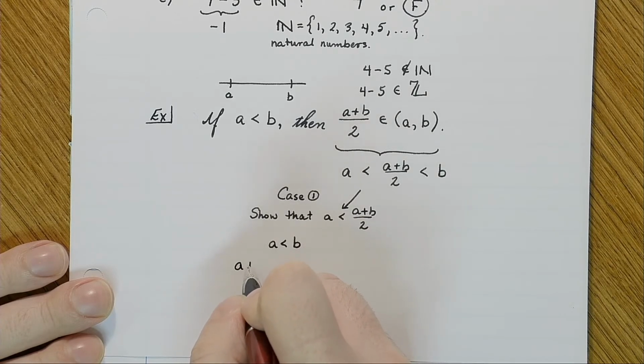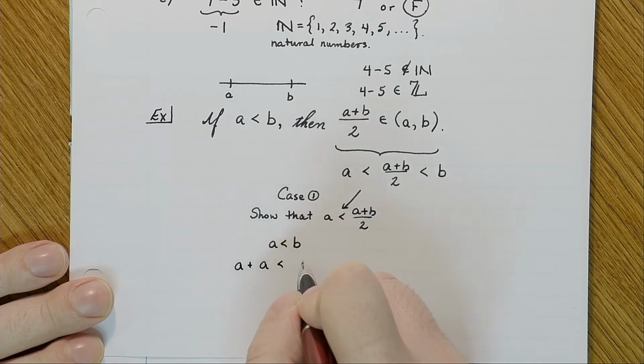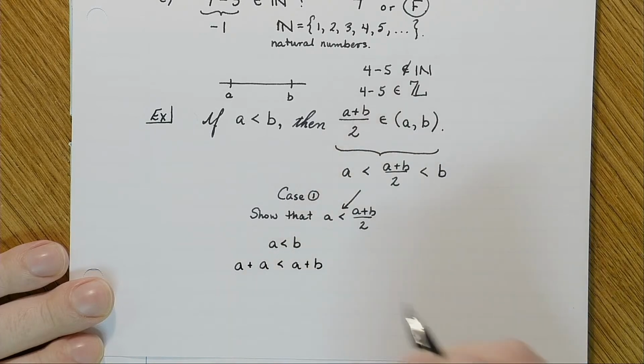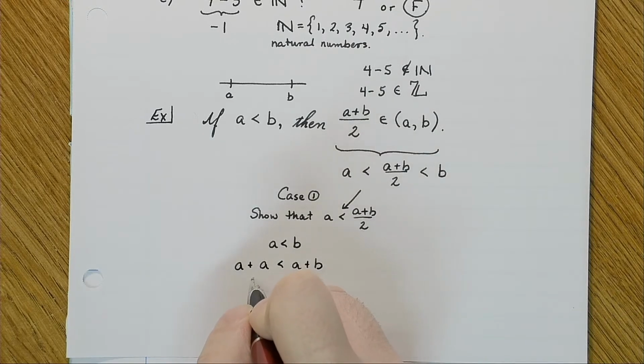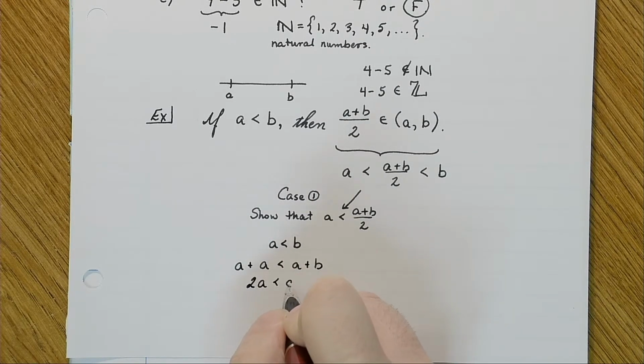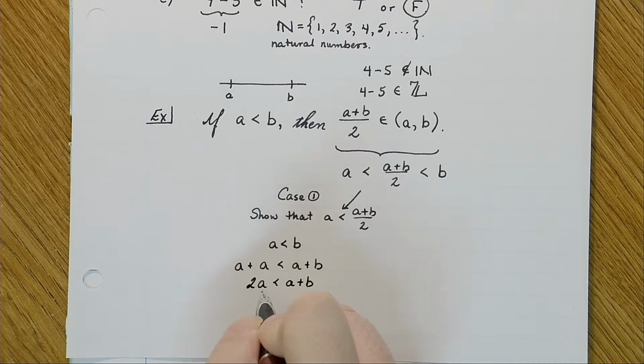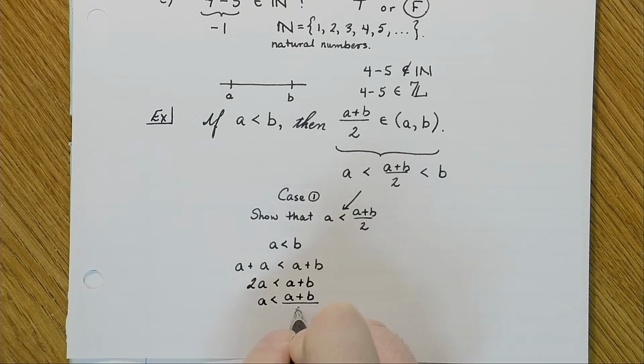So I get a plus a is less than a plus b. I haven't done anything wrong. So 2a is less than a plus b, and I'm almost finished. I can divide through by 2 on both sides so that I get (a plus b) over 2.